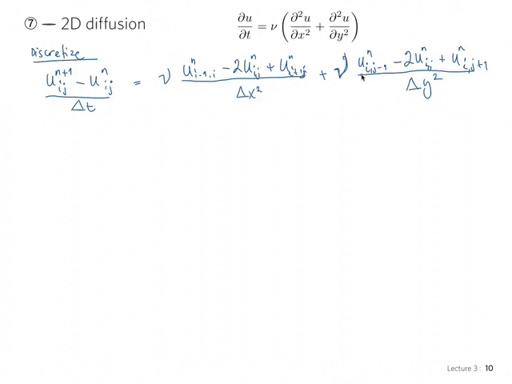And we can transpose this by multiplying over by delta t and then adding this guy on the other side. So you can see, very easy, we don't need to write this again. Multiply over by delta t, so our coefficient is going to be nu delta t over delta x squared, and then we bring this guy to the other side, and that's it. So you're going to use basically the same exact initial condition as before.